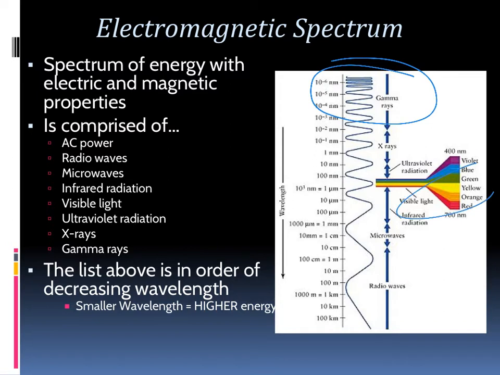And visible light, that's not going to harm us. We have a slightly larger wavelength there. And then when we get into the really large wavelengths, we get into our radio waves, which have really, really low energy. So at this point, you can look at this picture and see that each color corresponds to a different wavelength, meaning that each color corresponds to a different amount of energy. And we're going to get into why that is important in a couple of minutes.